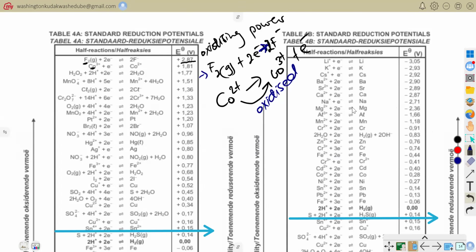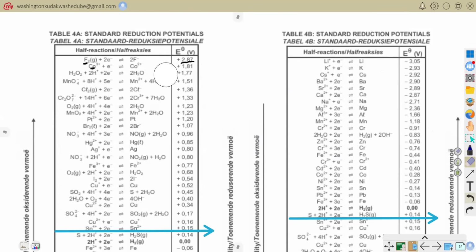If you are used to 4B, you can also use the same concept. If I have lithium, since it has a more negative value, it shows that it has a higher reducing power. And what is reduction? Reduction is actually gain of electrons.